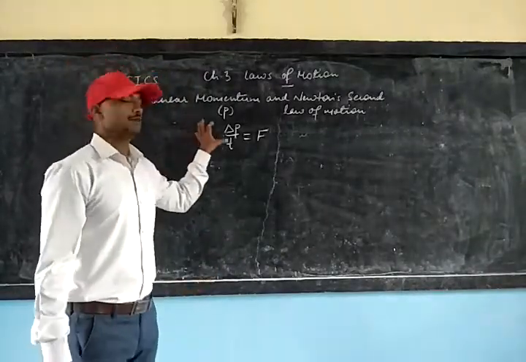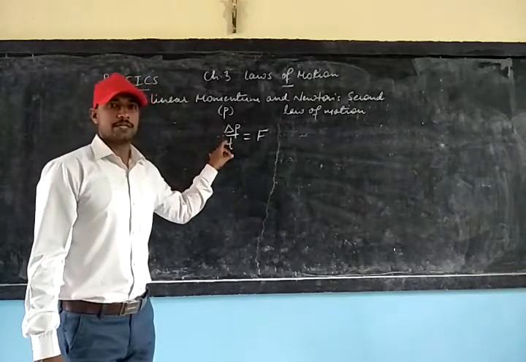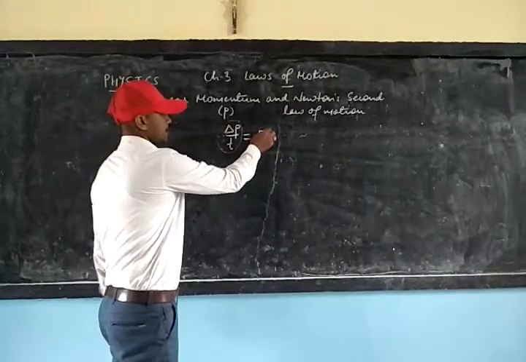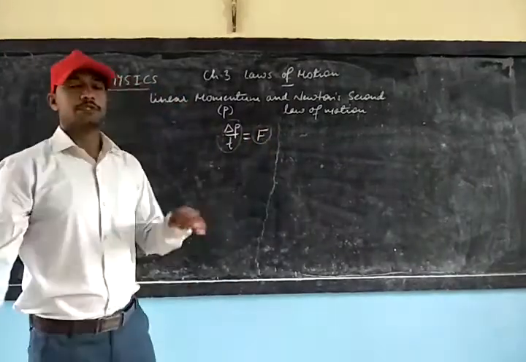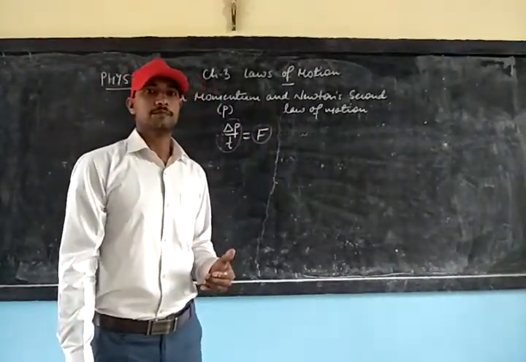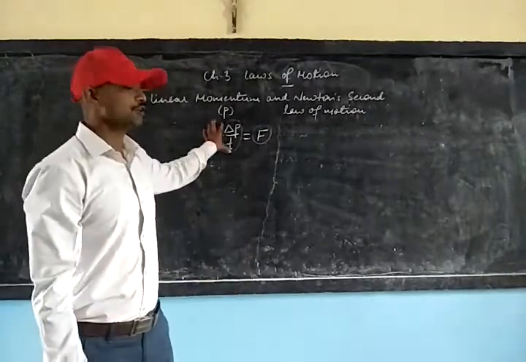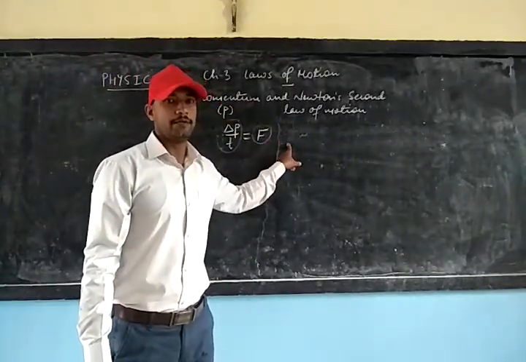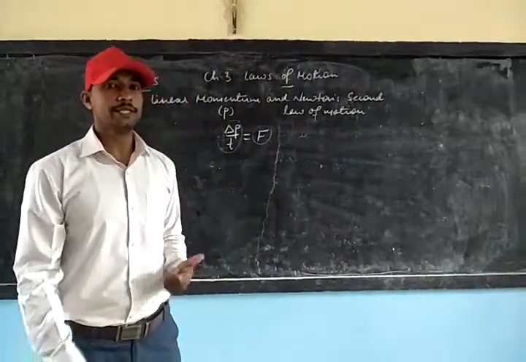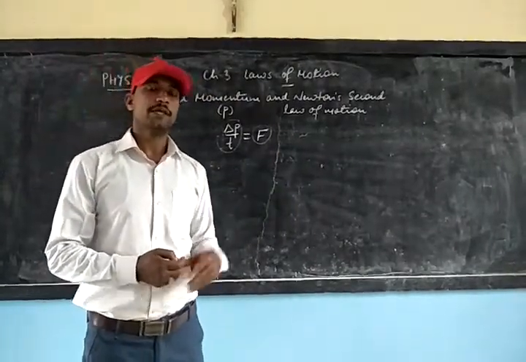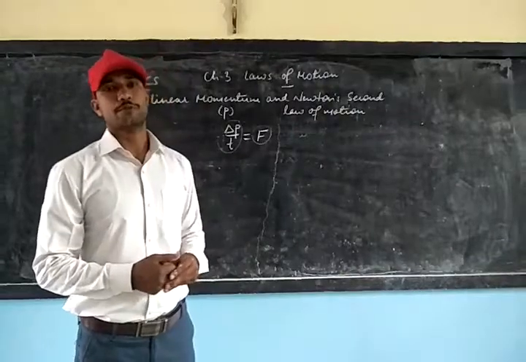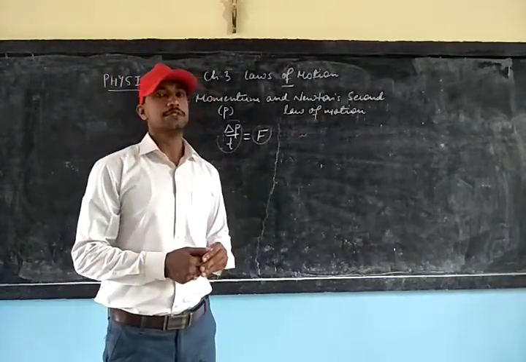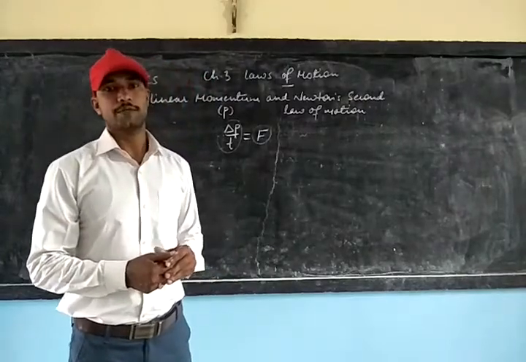The second law of motion states that the rate of change of momentum is directly proportional to the force applied, and the change in momentum takes place in the direction of the applied force. This altogether becomes the statement of Newton's second law of motion.